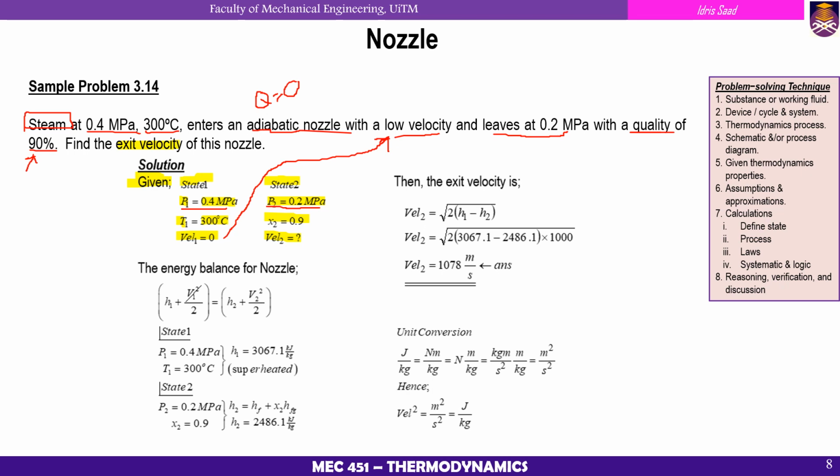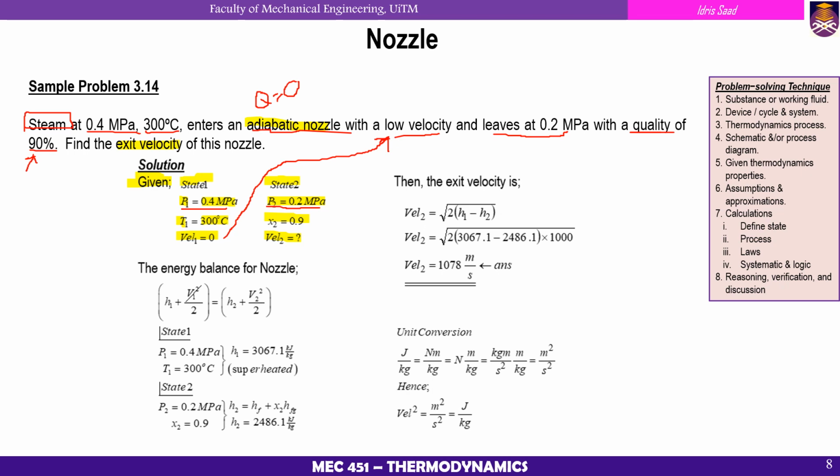Okay, so based on the energy balance equation that we derived in the previous slide, we have the general equation for the nozzle. Basically, Q is already given as equal to 0, and the nozzle will not do any work. Then we can assume the potential energy is neglected.